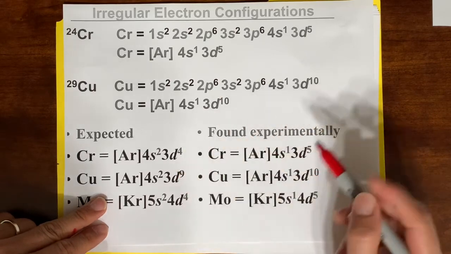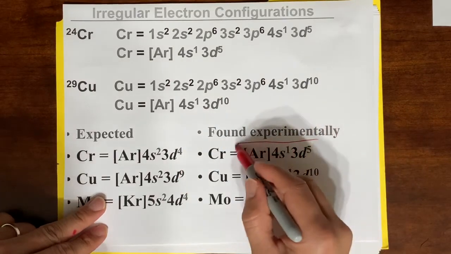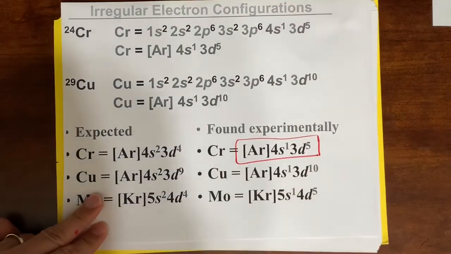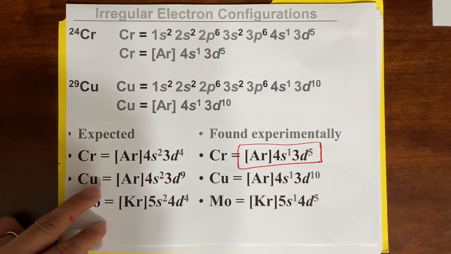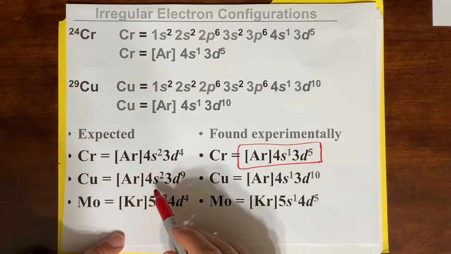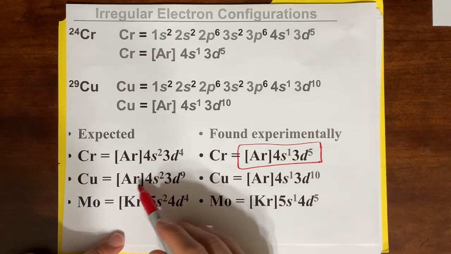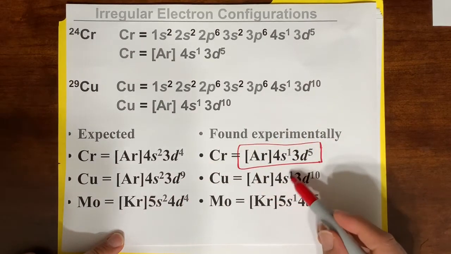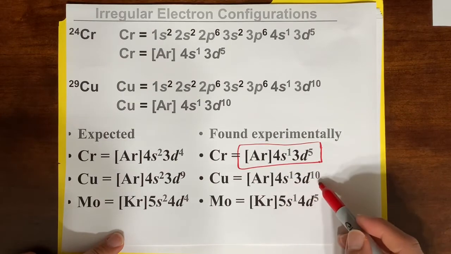But in reality, we have argon 4s1 3d5. For copper, expected is argon 4s2 3d9, but we see argon 4s1 3d10.